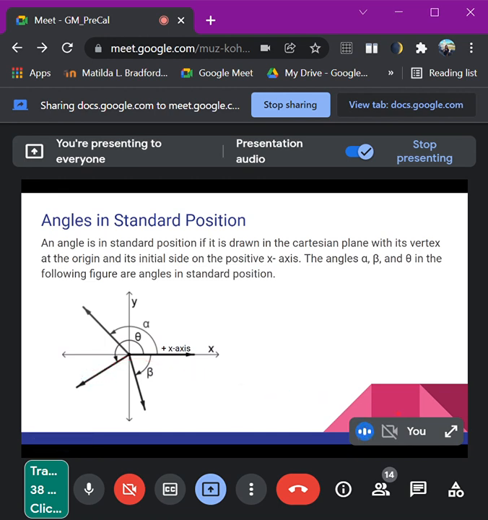Okay, questions for angles in standard position? Before we proceed to the parts and measurements. If no questions, you can send a thumbs up in the chat.